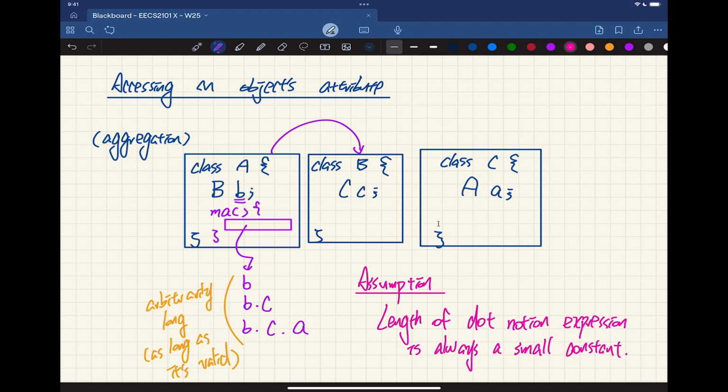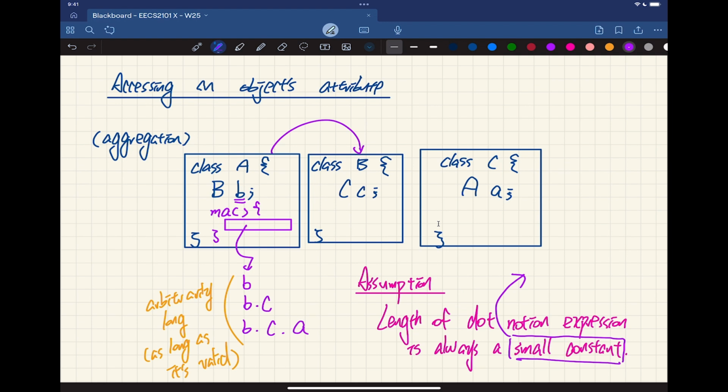And more importantly, when I say it's a small constant, you will appreciate this wording a little more, maybe next time. The small constant means it does not depend on the input size. Typically the input size could be a collection of certain size, like an array of size n. If the dot notation depended on the input size, then there would be another story.